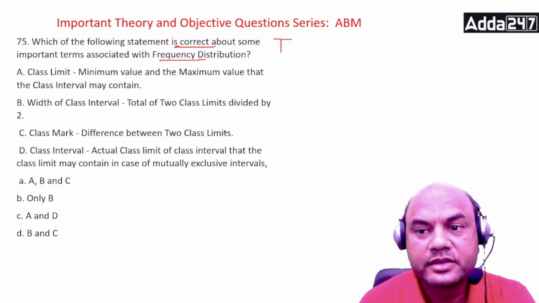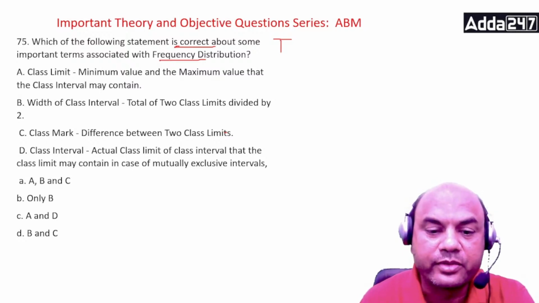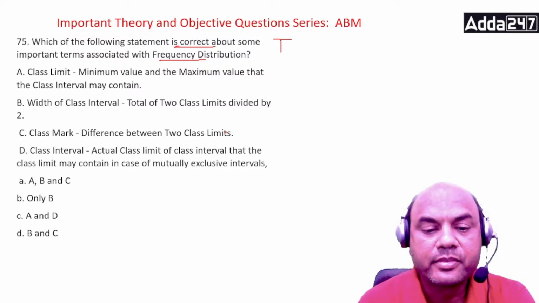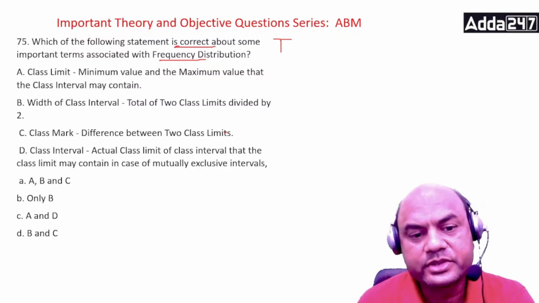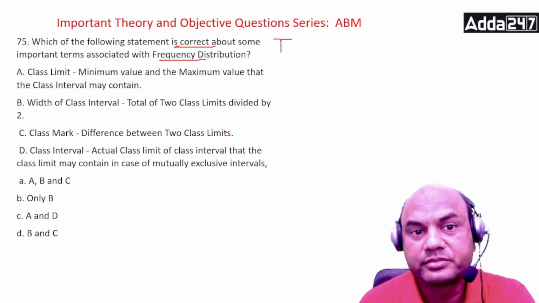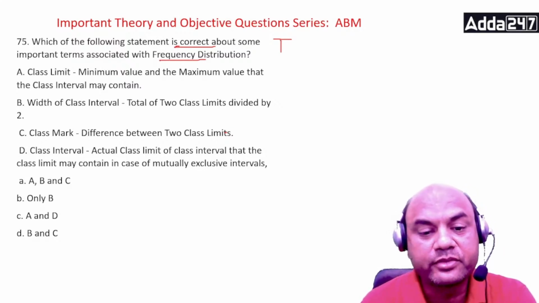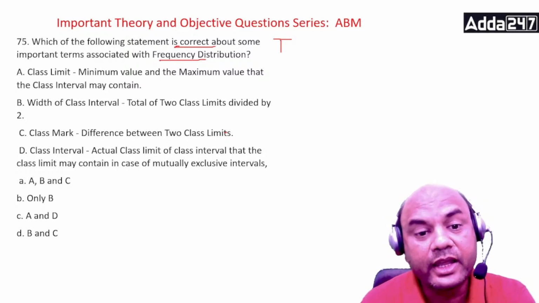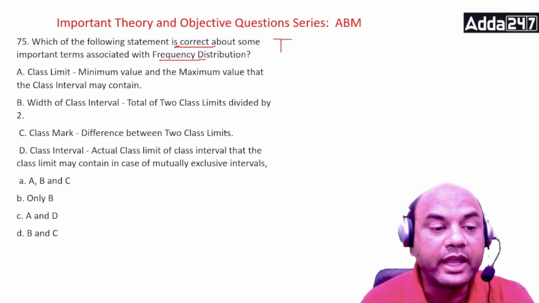See here, firstly let me give you the definitions, some important ones. Class limit. So class limit means what? Minimum and maximum value that a class interval may contain. So that's why A is true.